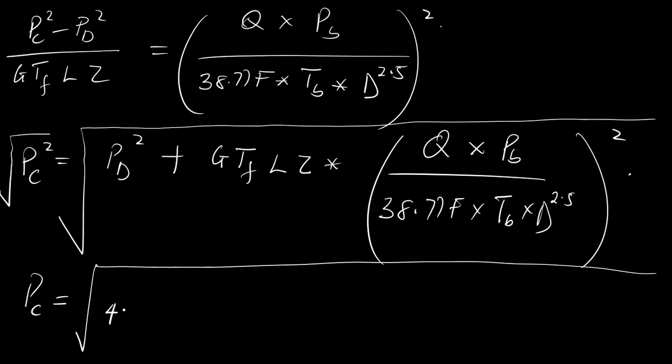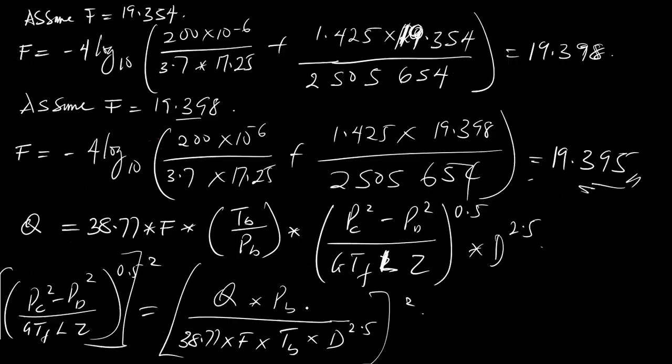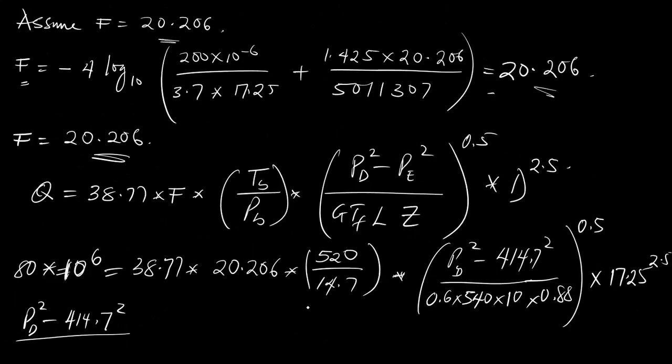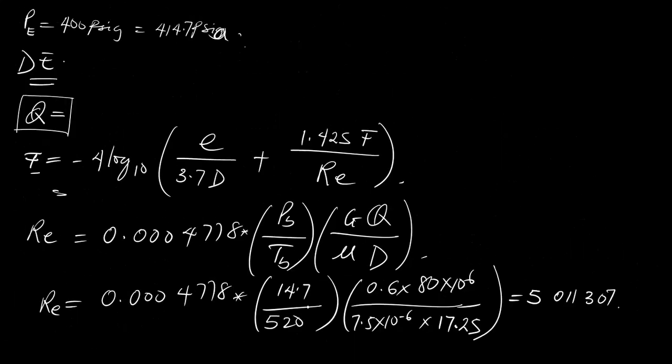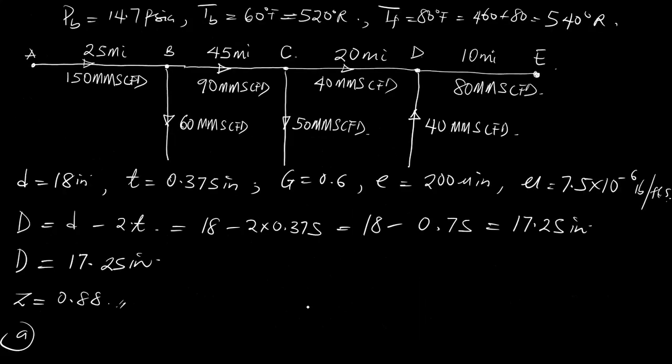So 417 square plus G 0.6 times T, gas temperature is 540, times the length of CD. The length of CD is 20 miles.